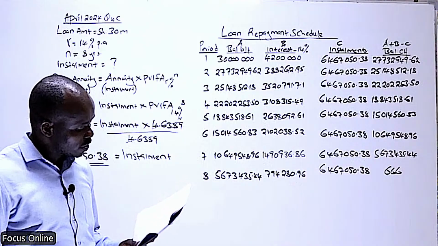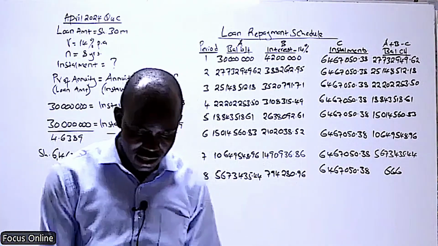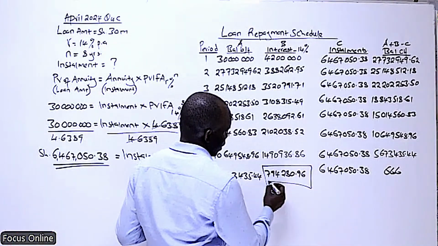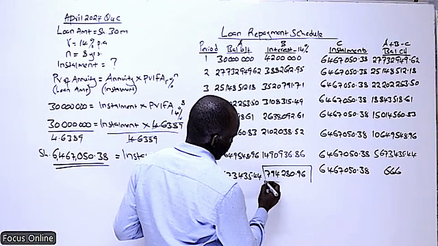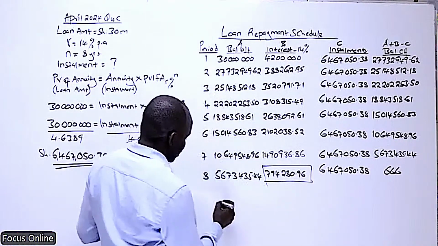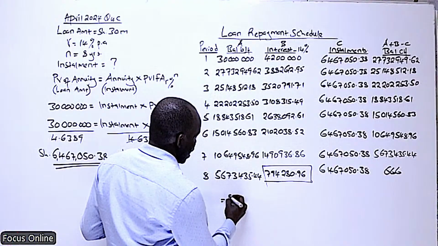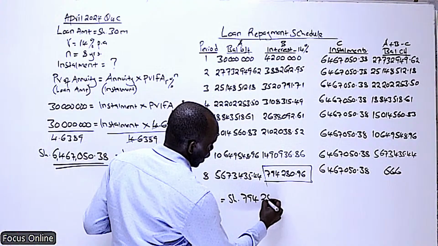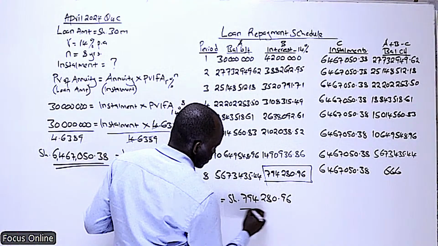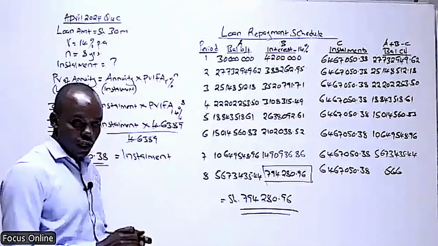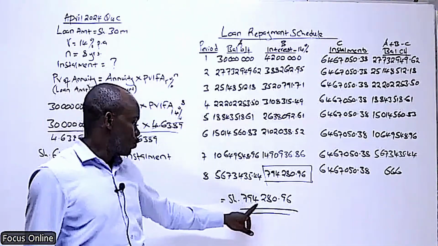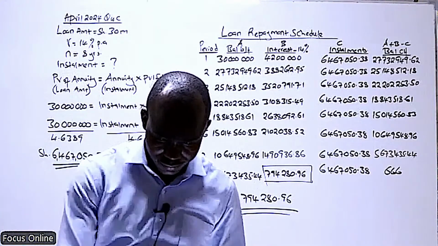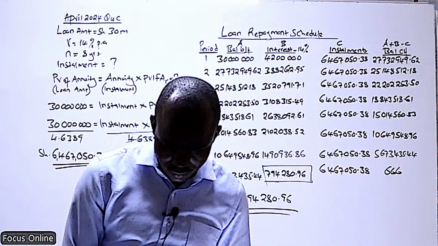This is the amount of interest payable at the end of the 8th year: 794,280.96. Any question?